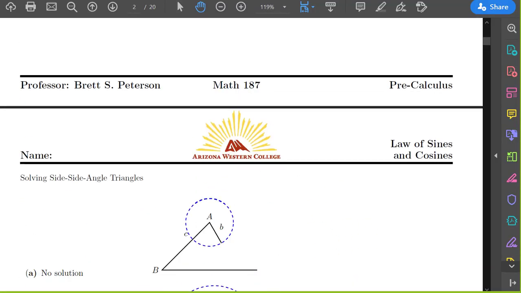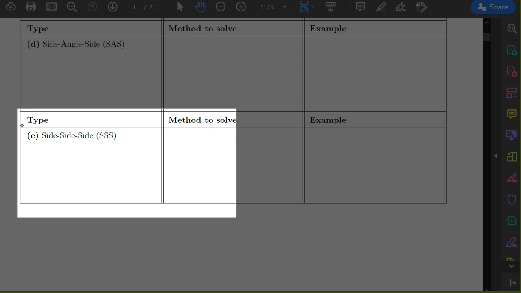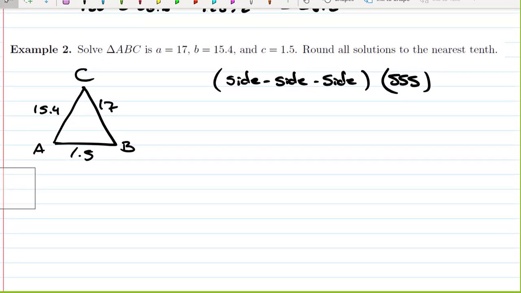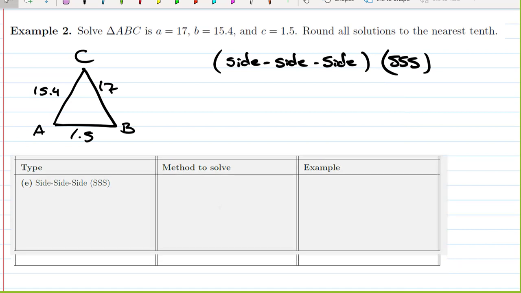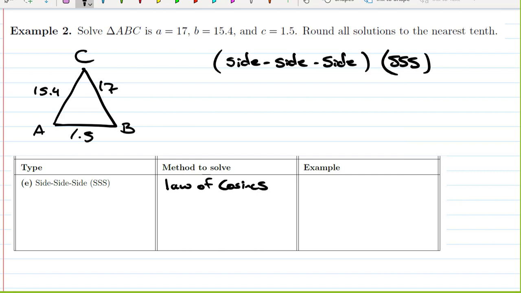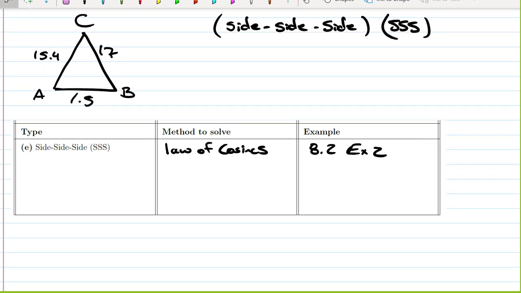So when we run into side, side, side, we are also going to use the law of cosines. So then it doesn't really matter which side we go to solve for.